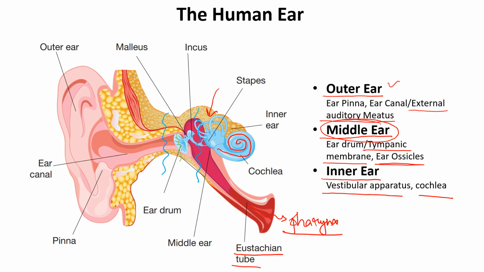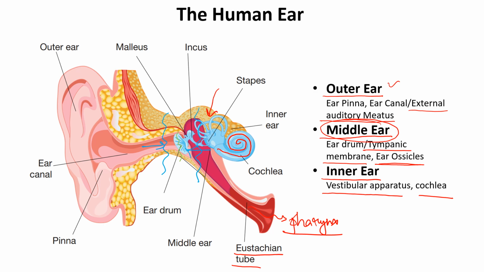Sometimes when there is a sudden change in air pressure due to changes in altitude, like when going down an elevator or when a flight is landing, then you can feel a sense of discomfort in your middle ear, and this is mainly due to unequal air pressure on both sides of the tympanic membrane.